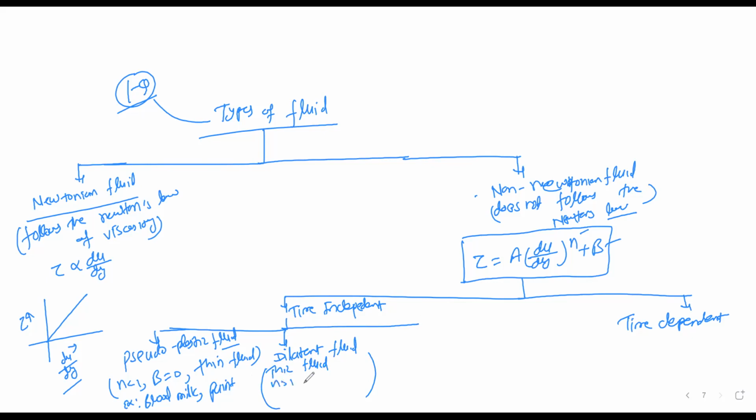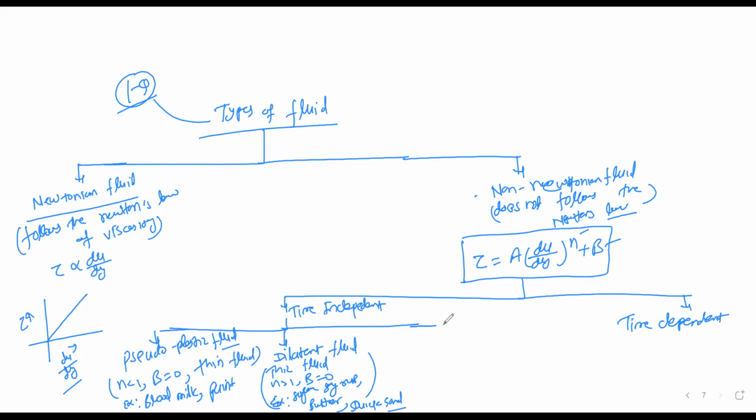Here n must be greater than 1 and b must be equal to 0. Examples of dilatant fluid are sugar syrup, butter, and quicksand. All these fluids are called dilatant fluids.